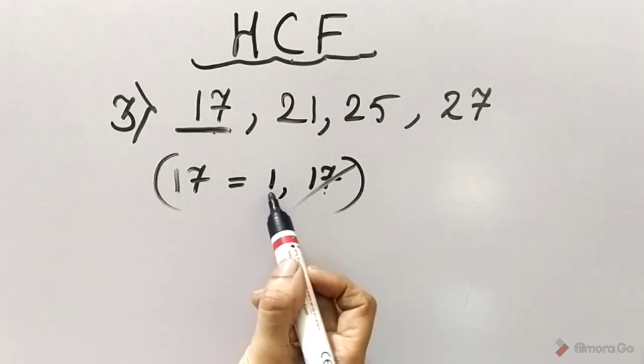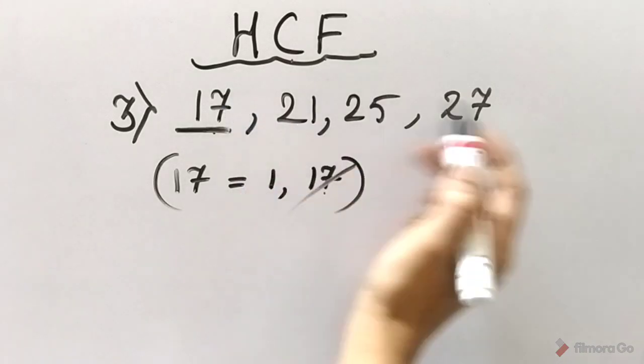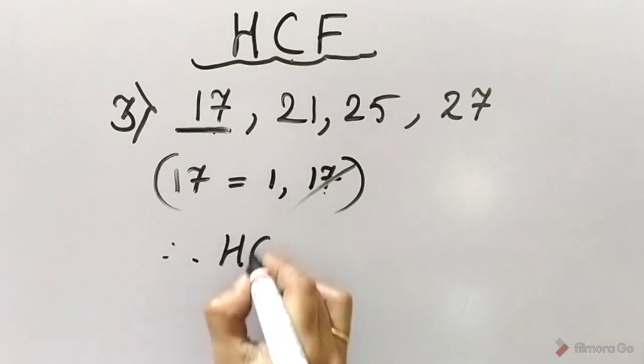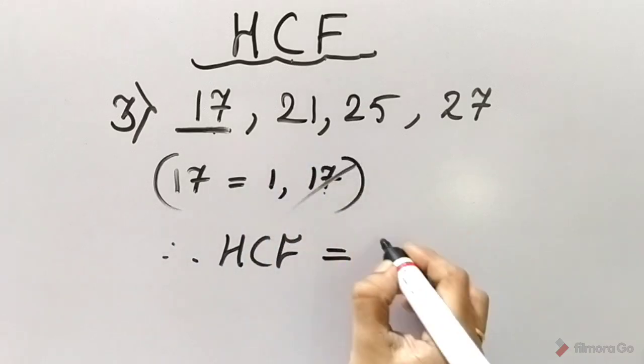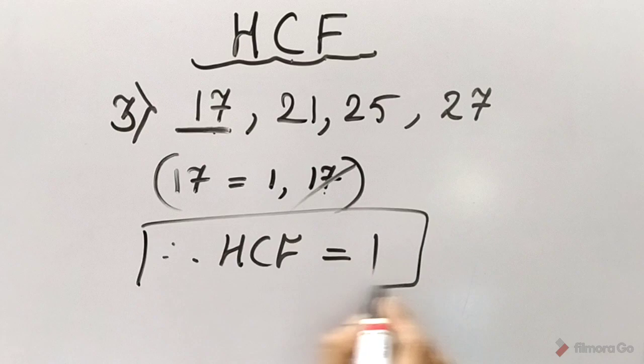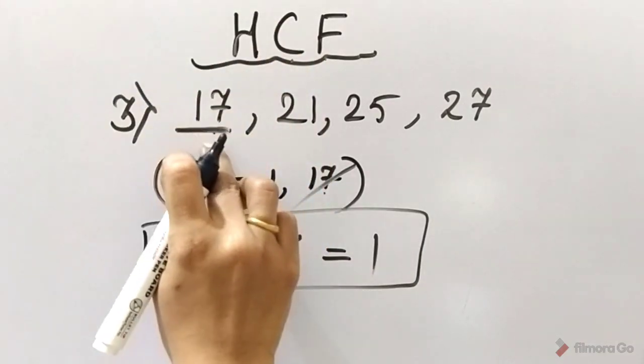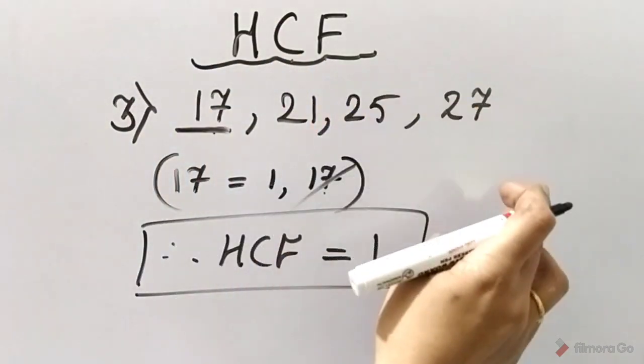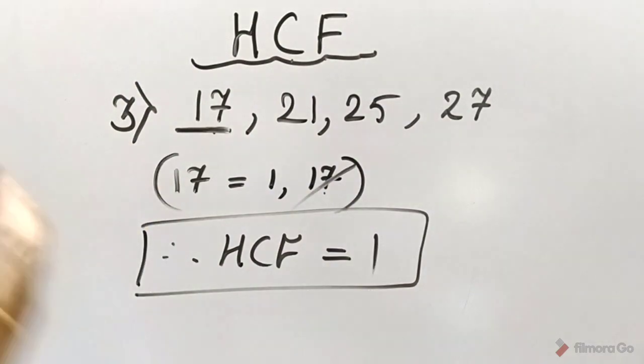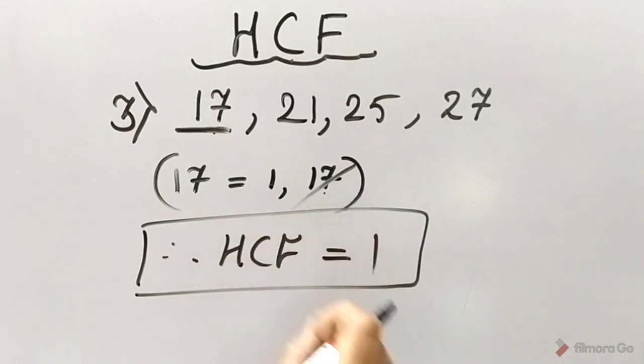Now what factor remains here? 1. So what will be the HCF for this group? HCF for the given group will be 1. Means when a prime number comes in the group, and if that prime number is the smallest number from the group, then in that case your HCF will always be 1.